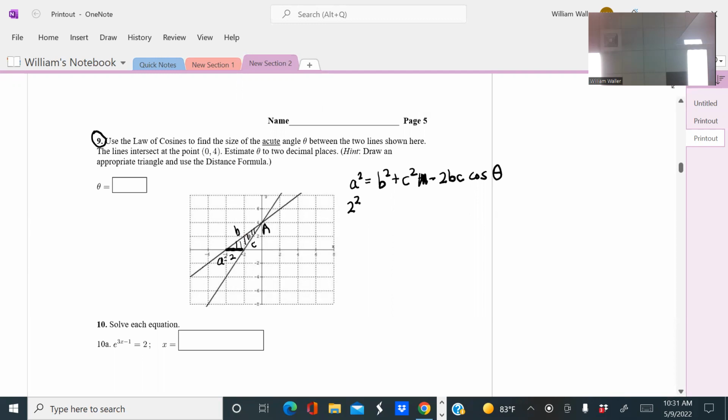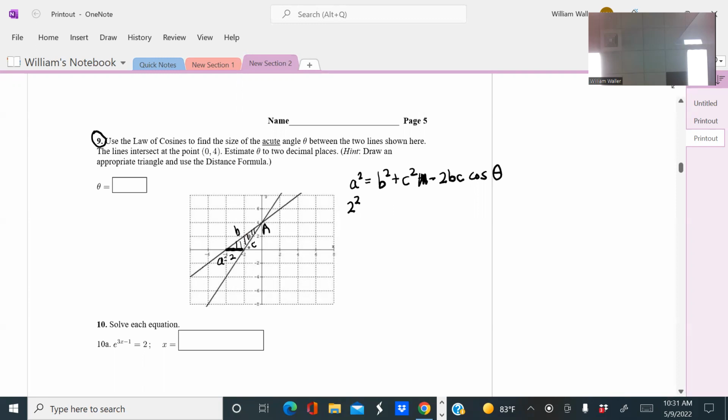I just don't quite know the B and the C. So how can I figure out the B and how can I figure out the C? So the distance formula, yeah, we can use the distance formula here, right? Okay, so let's use the distance formula to find the length of B and the distance formula to find the length of C.